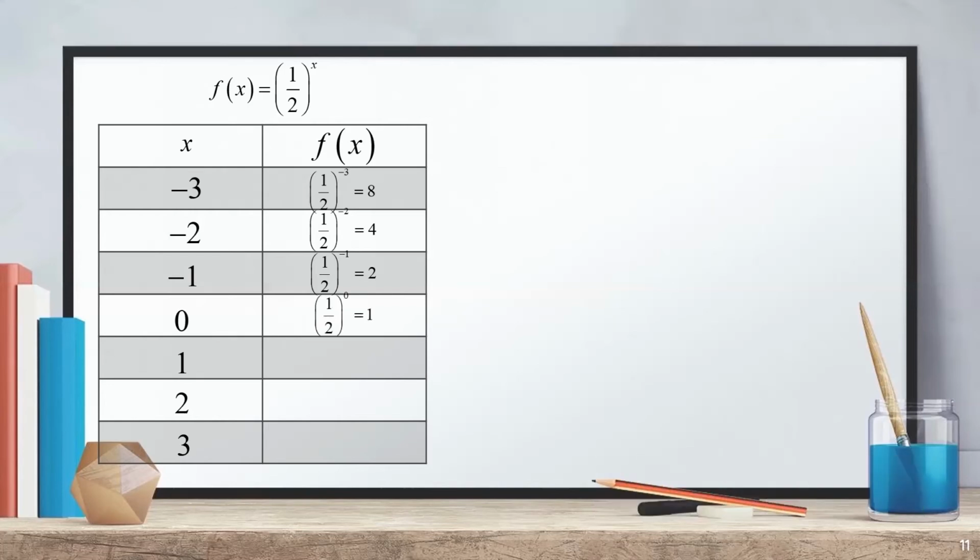1/2 raised to 0 is equal to 1. 1/2 raised to 1 is equal to 1/2. 1/2 raised to 2 is equal to 1/4. And 1/2 raised to 3 is equal to 1/8.